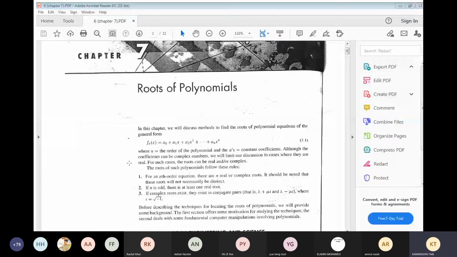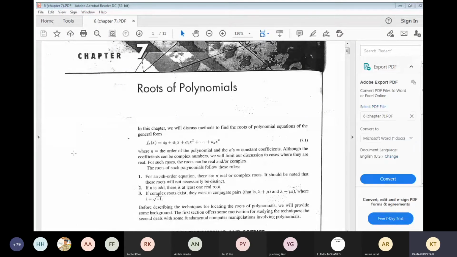But the root can be real or complex. The root is allowed to be complex. For example, if you have a quadratic equation, before that, how do you write the root of a quadratic equation?